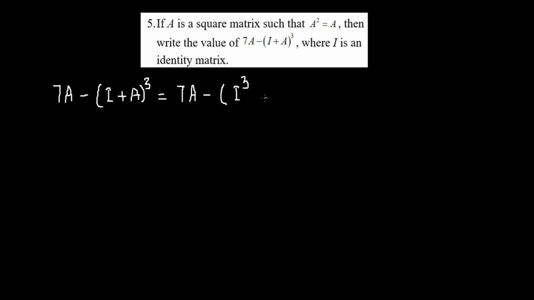So we'll get I cubed plus 3 I squared A plus 3 I times A squared plus A cubed.